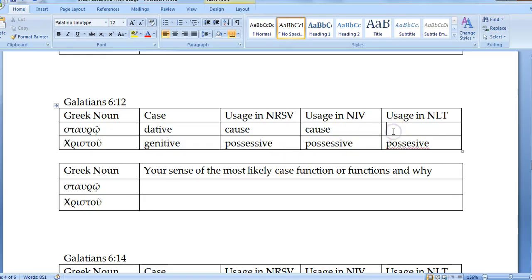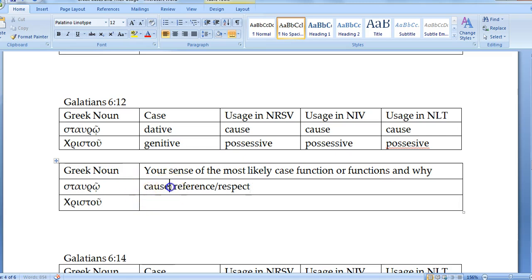But it does look like we still find cause there. And indeed, it does make the most sense to me also to regard this as a dative of cause, possibly the more common dative of reference or respect. They don't want to be persecuted with respect to the cross. They don't want to be persecuted with reference to the cross. Although even there, the cross still really emerges as the reason for the persecution.